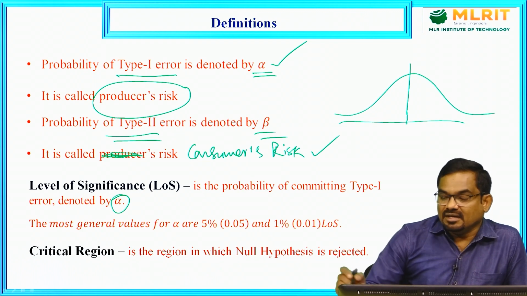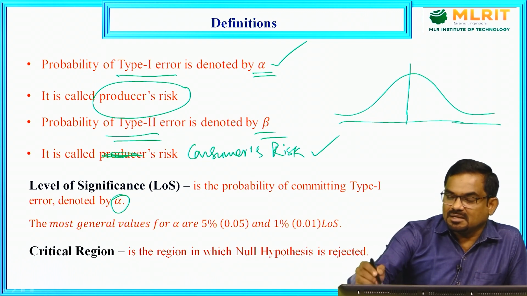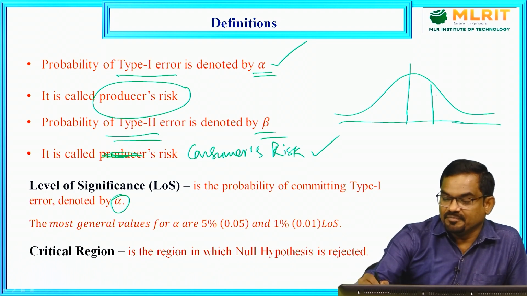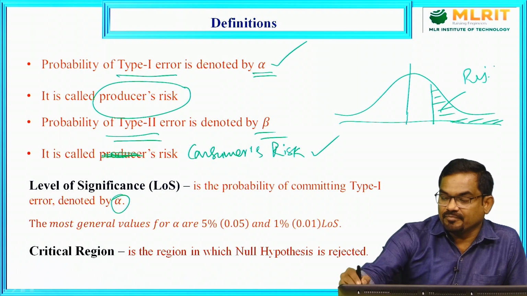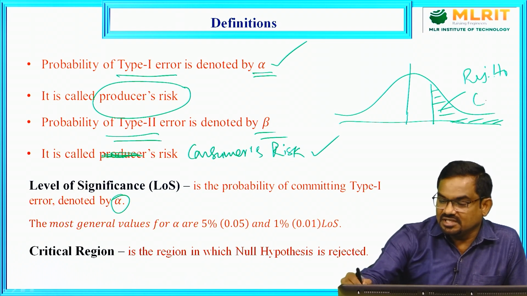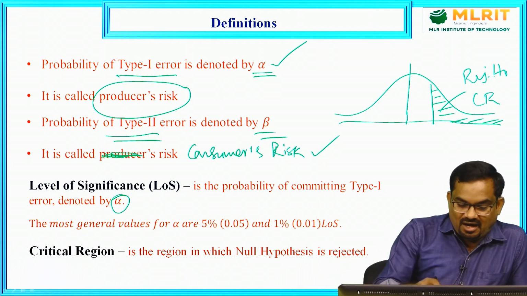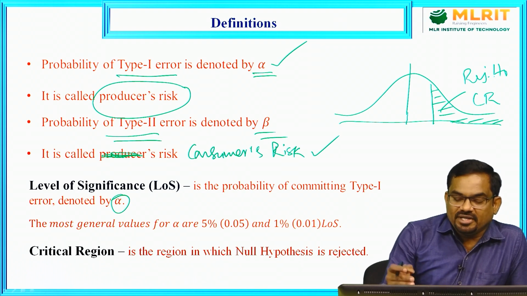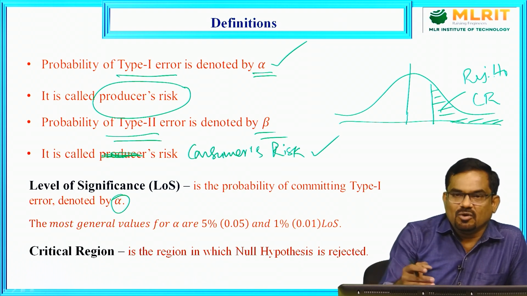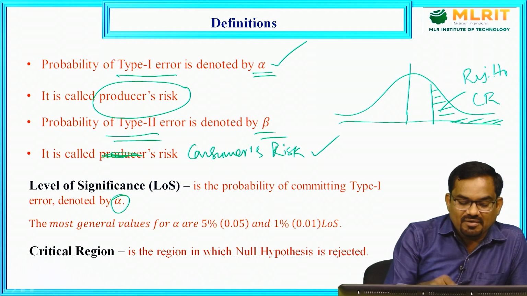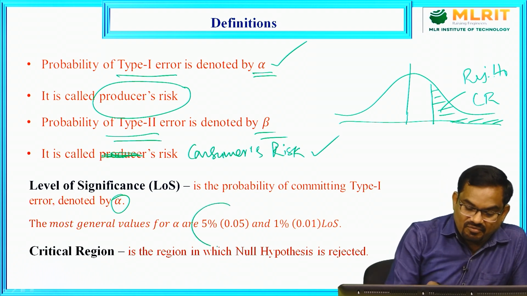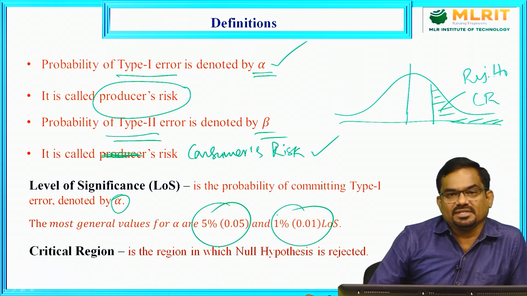Then at some particular region, for example here, let us suppose we are rejecting H naught. So this region is called critical region, the region in which the null hypothesis is rejected. And level of significance is the probability of committing type 1 error and denoted by alpha. In general, the most common values for alpha are 5% and 1% level of significance.